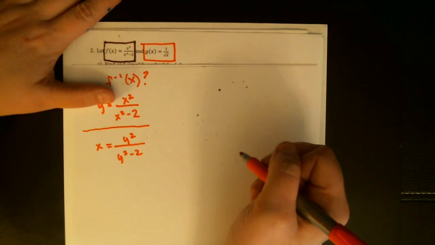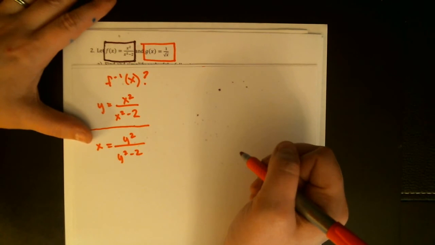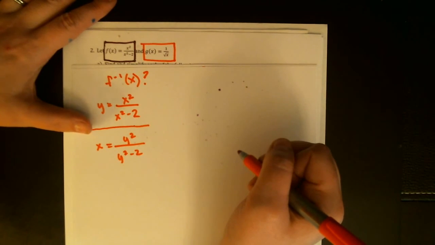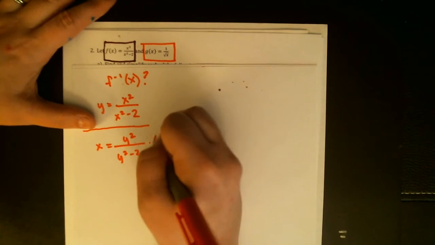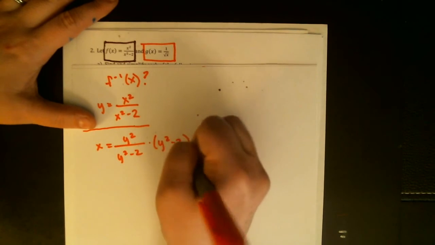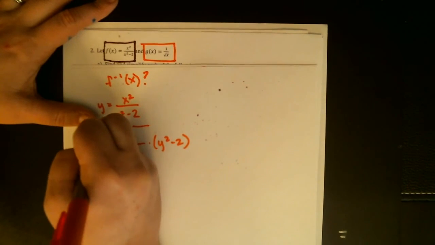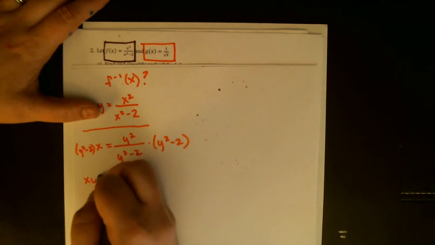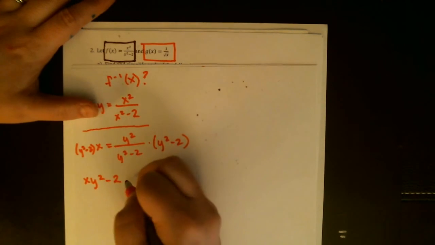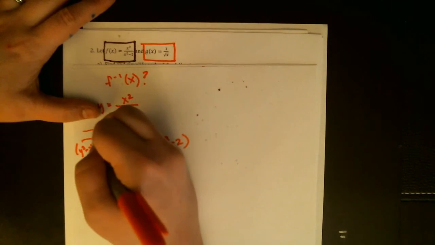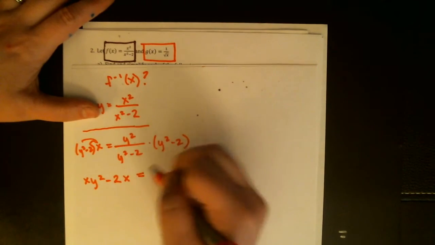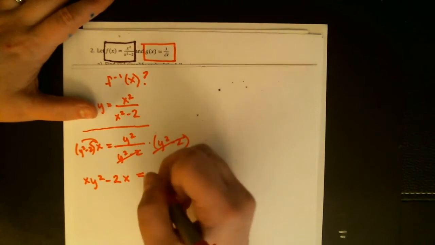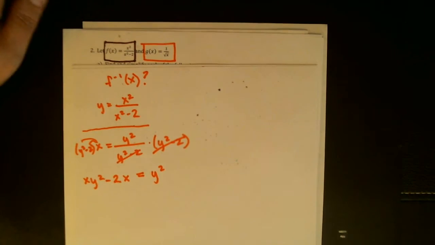The first thing that jumps out at me is I don't want y stuck in the denominator if I'm solving for y. So let's clear fractions and multiply both sides by y squared minus 2. Okay, so I have x y squared minus 2x, distributing as well in this step, equals, and here they cancel, that was the whole idea, y squared.